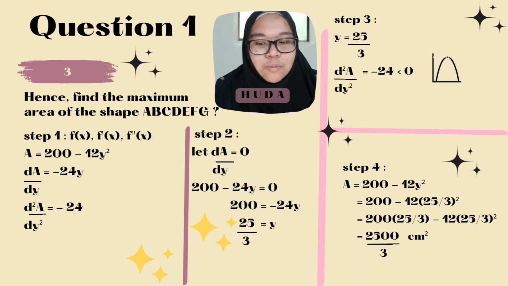And in step 2, we let dA divided by dy be equal to 0.